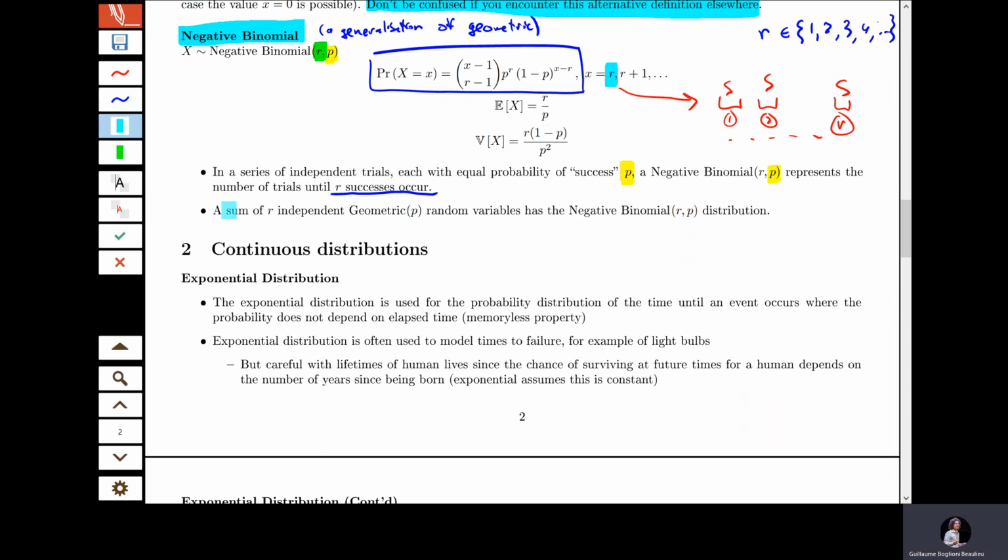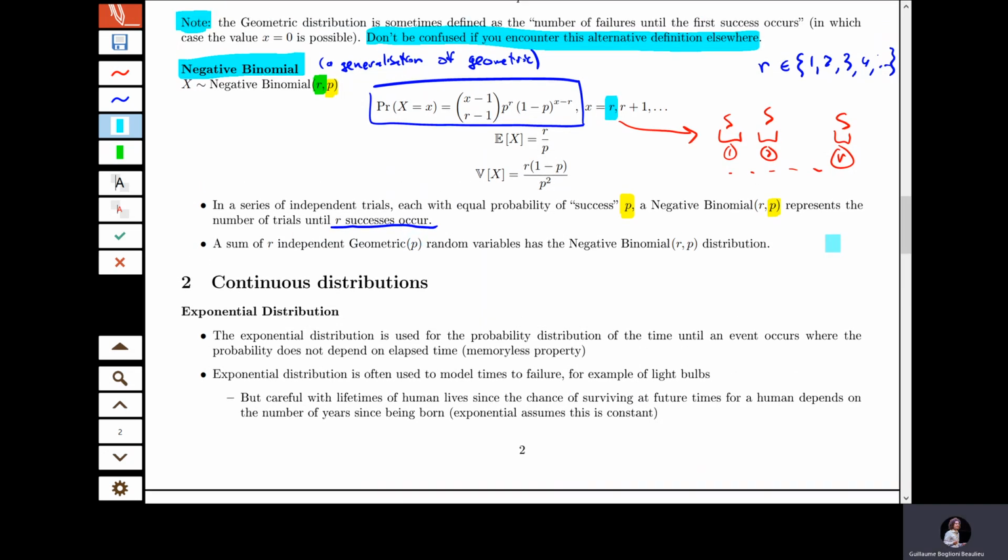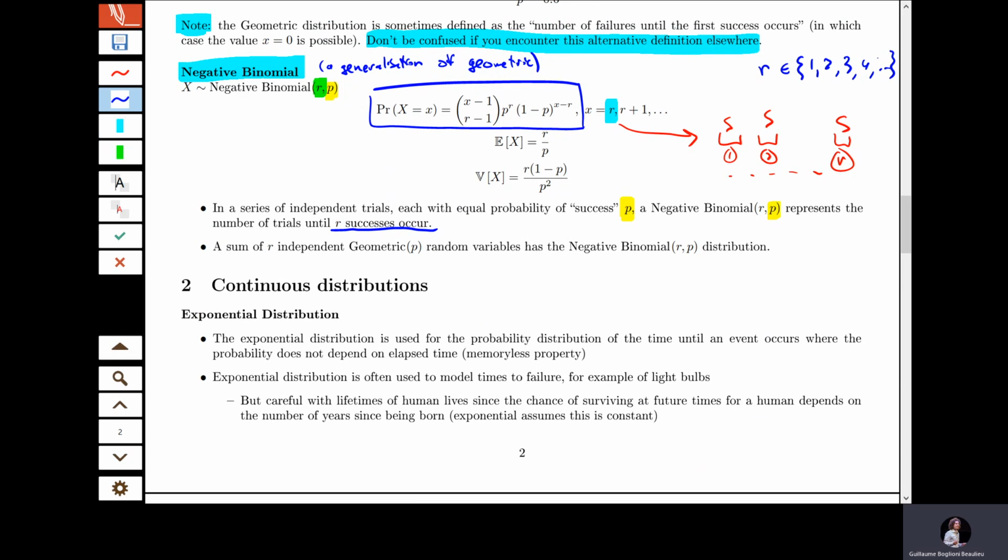Here you have a comment: a sum of r independent geometric random variables has a negative binomial distribution. I'm pretty sure this is also the topic of a tutorial question, but just to mention mathematically how we might write this.